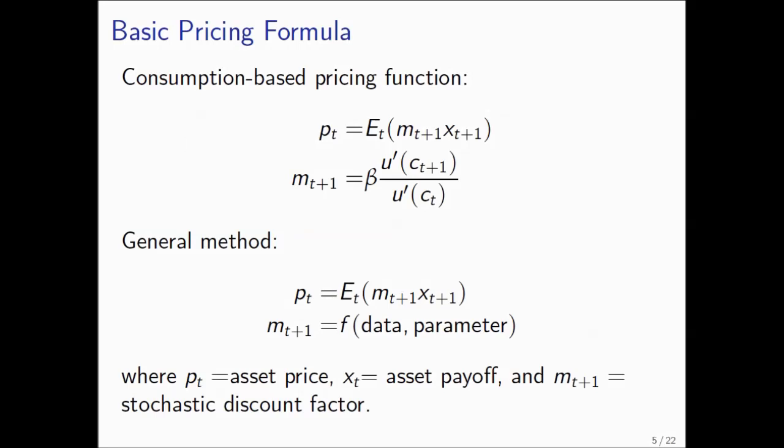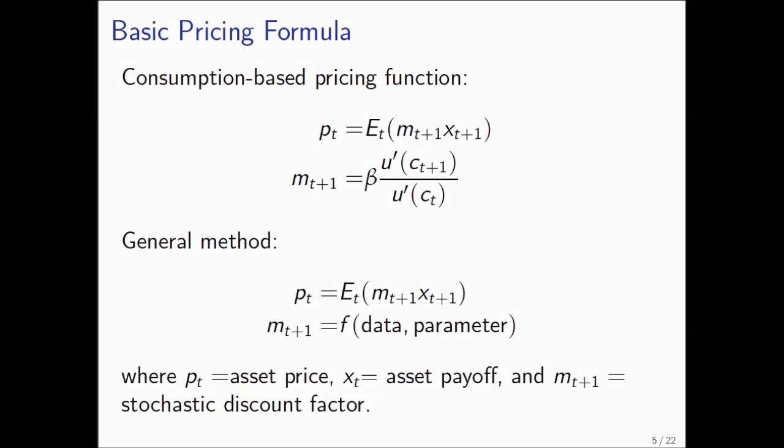The pricing equation is that today's price is equal to the expected value of future cash flow times what we call the stochastic discount factor, which is given by the subjective discount factor times the ratio of marginal utility of tomorrow and today.